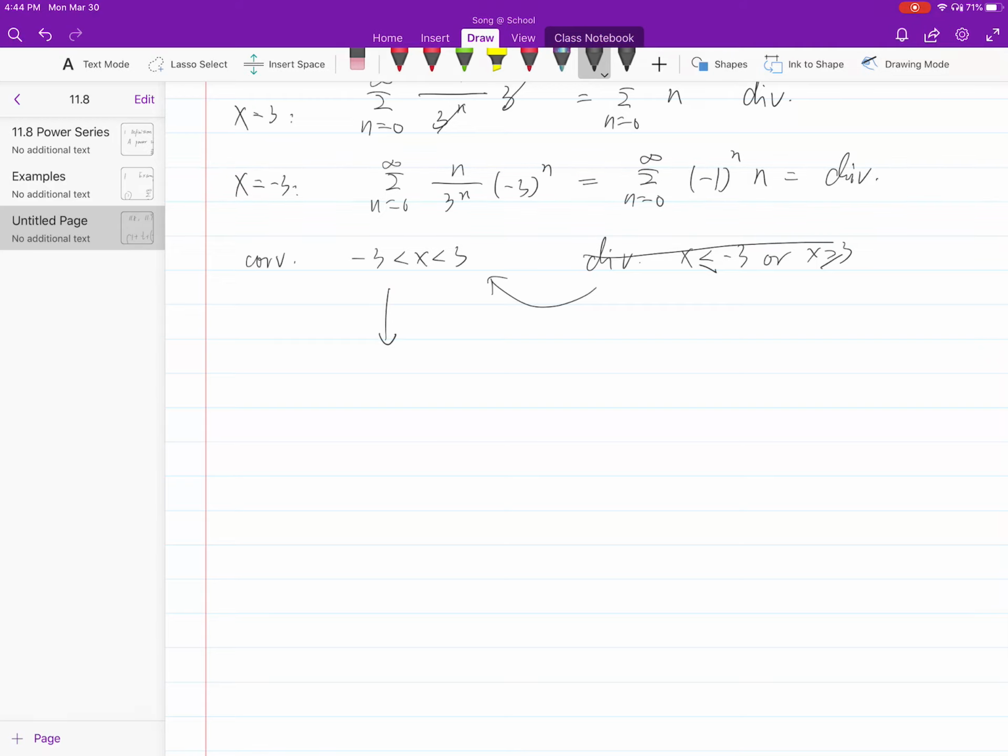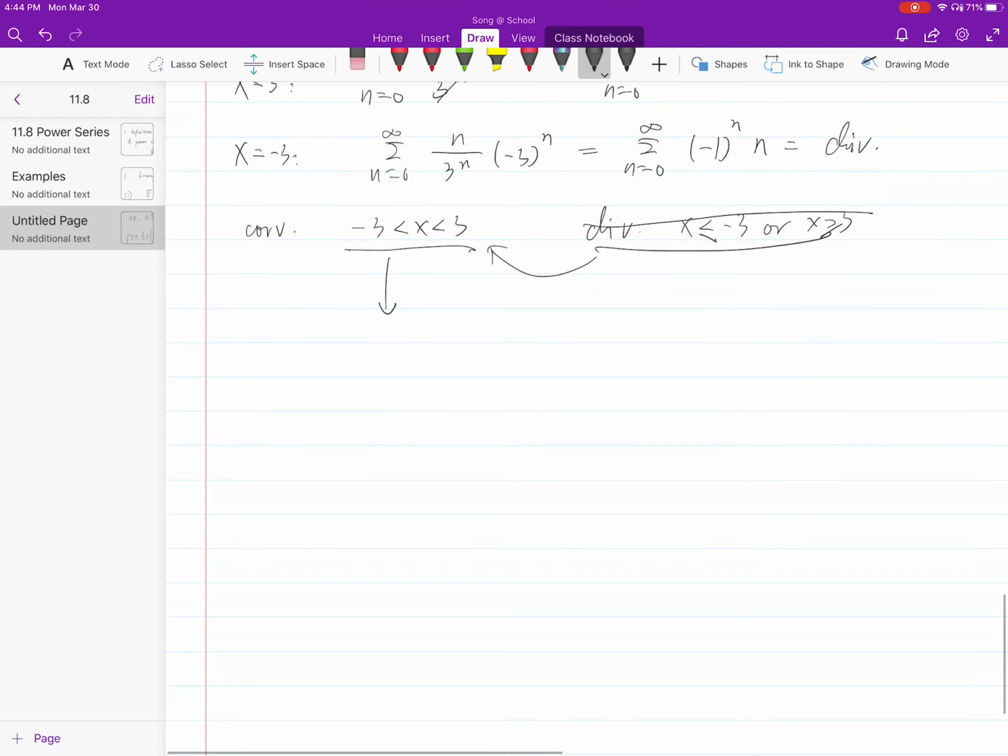We don't have to write this down because we know anything not this will be this. Then we have something called the interval of convergence. In this case, it's negative 3 to 3. Sounds good?